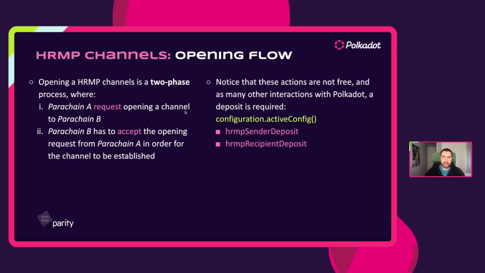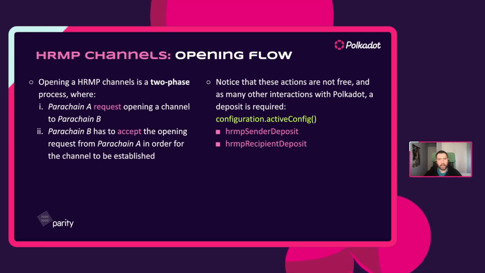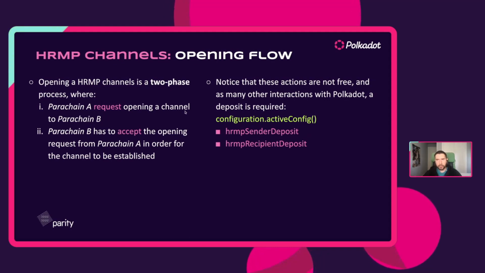Opening channels is a two-phase process. One of the actors, one parachain, has to initiate the channel opening flow by requesting to open the channel to another parachain. And only when Parachain B accepts that request is the HRMP channel established.